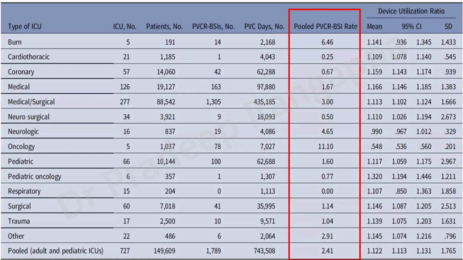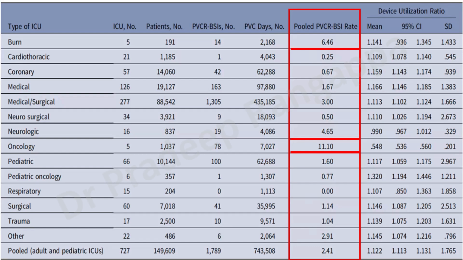If you see the CLABSI rates with peripheral vessel catheter related bloodstream infections, PVCR, oncology had the highest. The CLABSI rate was 11.1. So the risk of oncology patients developing CLABSI was the highest at 11.1, followed by burn and followed by neurology patients.